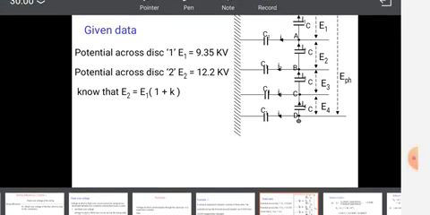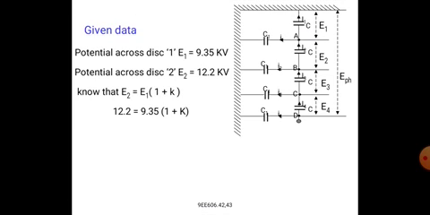And naturally the formula for the second insulator is E2 equal to E1 into (1 plus K), where K equals 1 by M. That is, 12.2 is equal to 9.35 into (1 plus K).